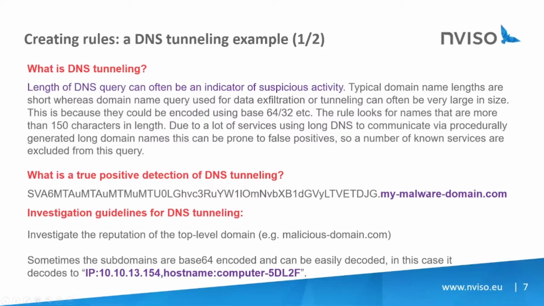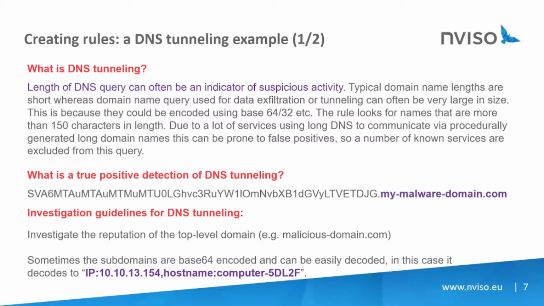The top level domain is owned by the attacker, and the subdomain is basically the data that gets exfiltrated. In this example, if you were to decode the subdomain, it decodes to the IP and the hostname of the computer that was infected.